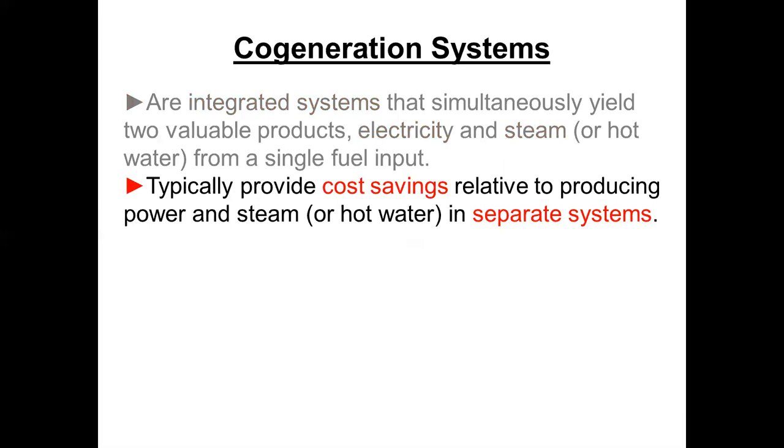Because what would happen if the industry was not doing cogeneration, they would just be buying their electricity from the power company, who would be 32 to 35% efficient, most likely, throwing away 50% of the energy that they get out of the fuel in the condenser, because they don't have a use for it.